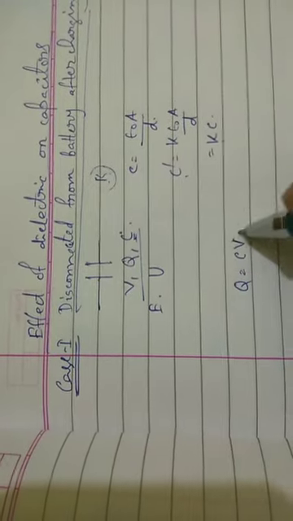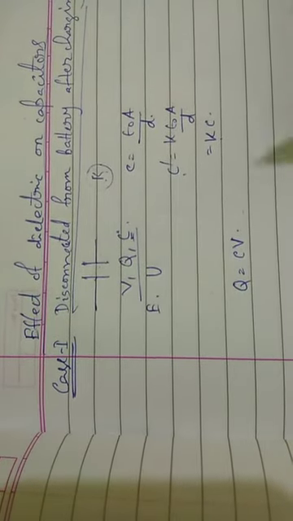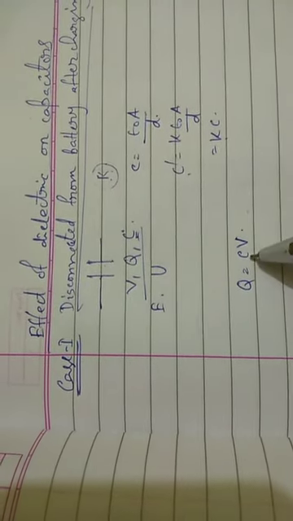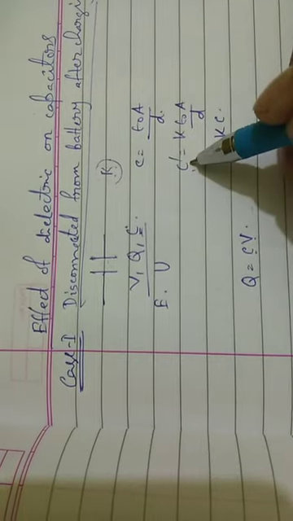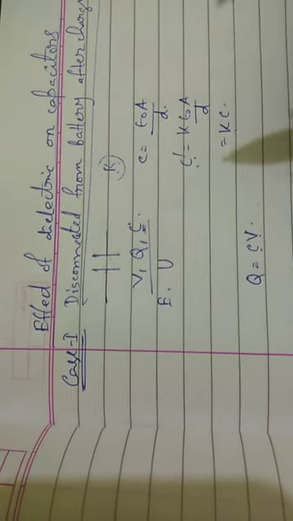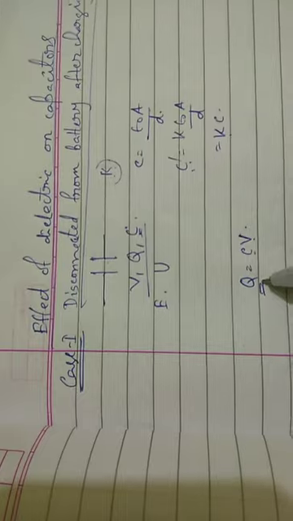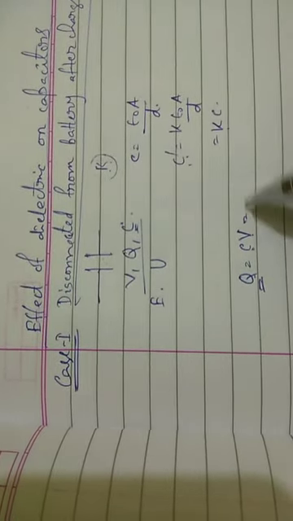Now from this formula, Q equals CV. So suppose it was the initial charge, capacitance, initial potential. Now after introduction of the dielectric, capacitance changes to C prime and voltage changes to V prime, but the charge remains same. So you can write Q equals CV equals C prime V prime.